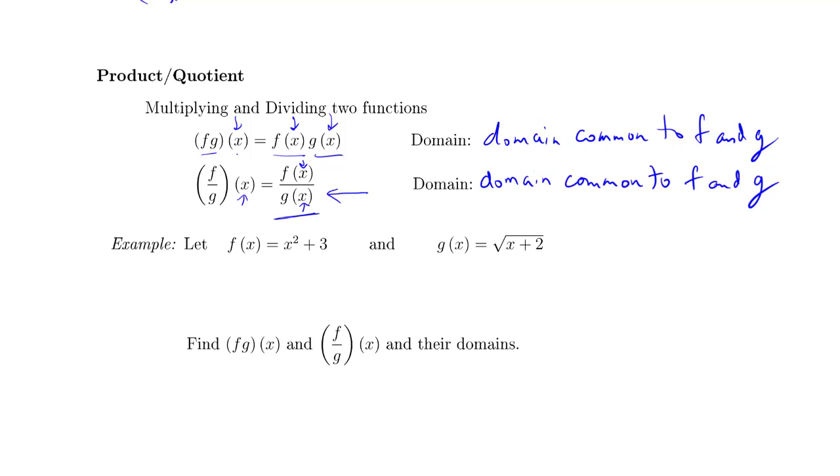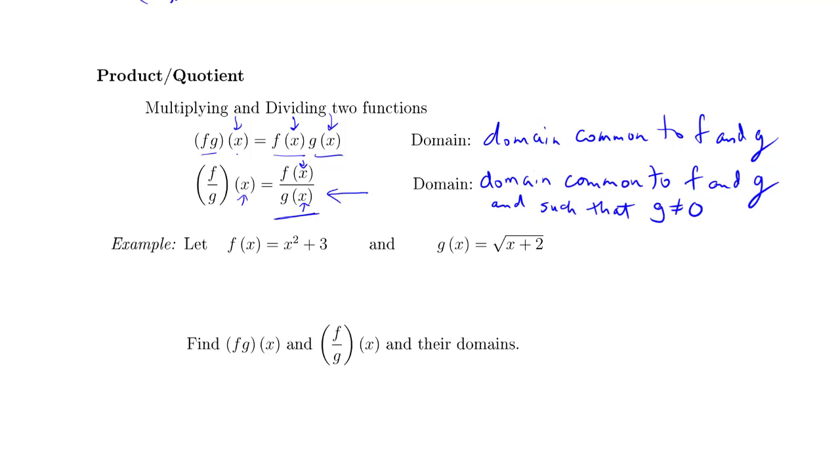Notice that you have a denominator now. G of x is now in the denominator. So you need to add a condition such that g is not equal to 0. Because what we can't have here is we can't have a denominator of 0.